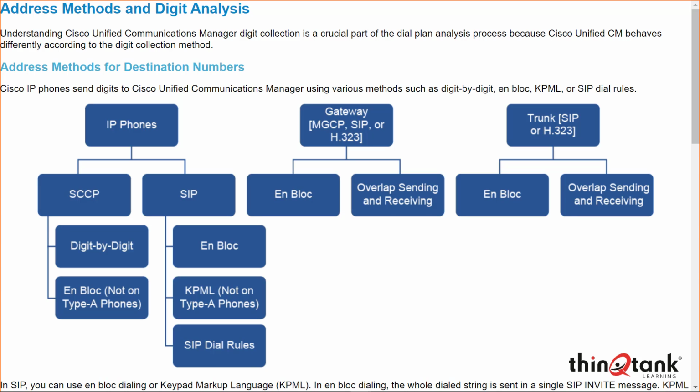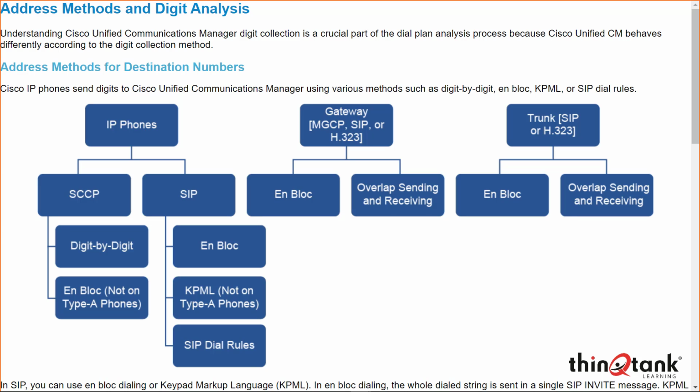The KPML process is a little bit different. It's still a way of collecting the digits, but it provides us a way of analyzing that information, the keypad markup language.